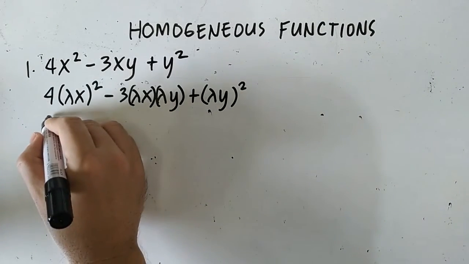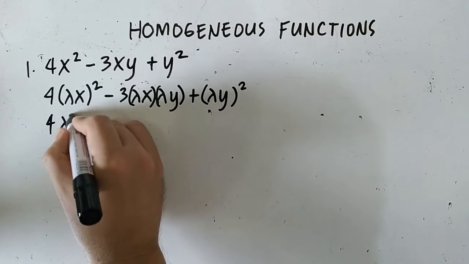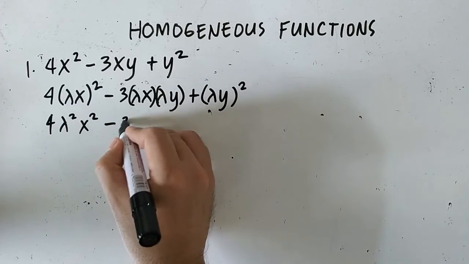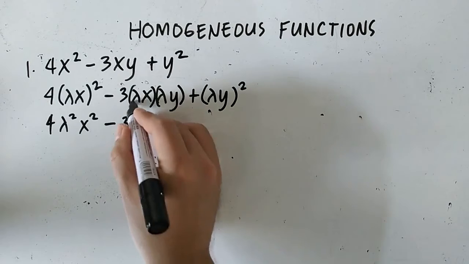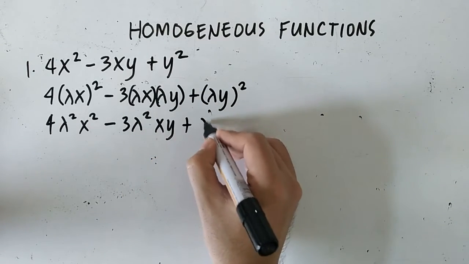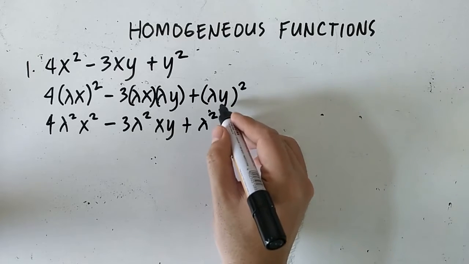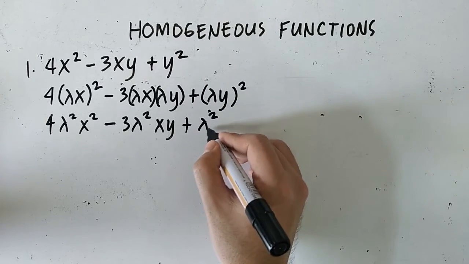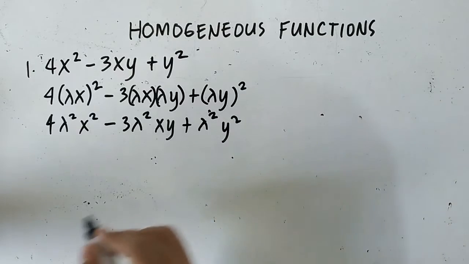And so by rules of exponent, we have lambda squared x squared minus 3 lambda squared xy, since lambda times lambda is lambda squared, plus lambda squared y squared.